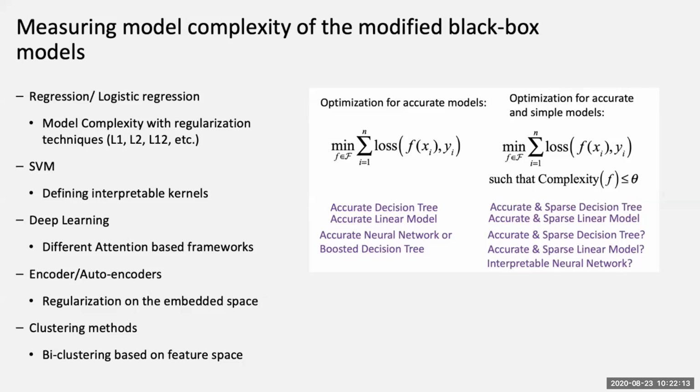And here we're showing a few examples of different representative black box models and how to extend those for this kind of additional complexity. And if we treat explanation as a sparse or regularized model, then we can use the similar metric, the similar loss function, as an evaluation criterion for those kinds of explanation.